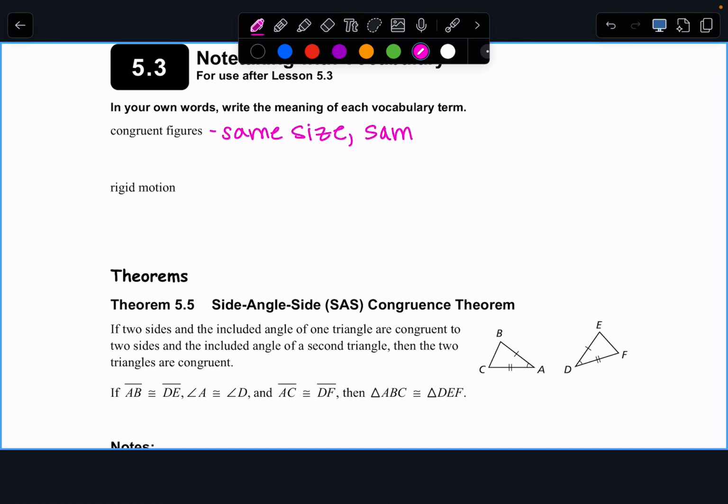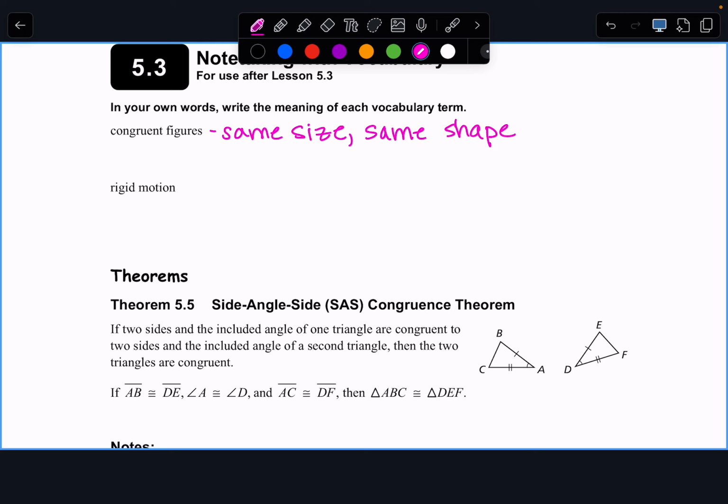What we are going to do, basically, for the remainder of this chapter, is learn ways to prove two triangles are congruent, even when we don't know all 6 pieces of each triangle, right? So right now, if a triangle has 3 angles and 3 sides that are congruent to each other, then we know we have congruent triangles.